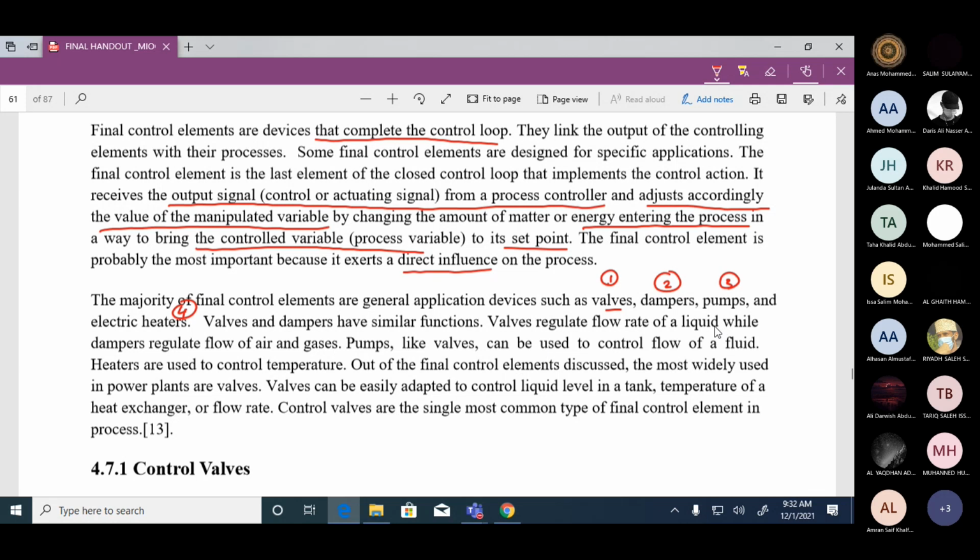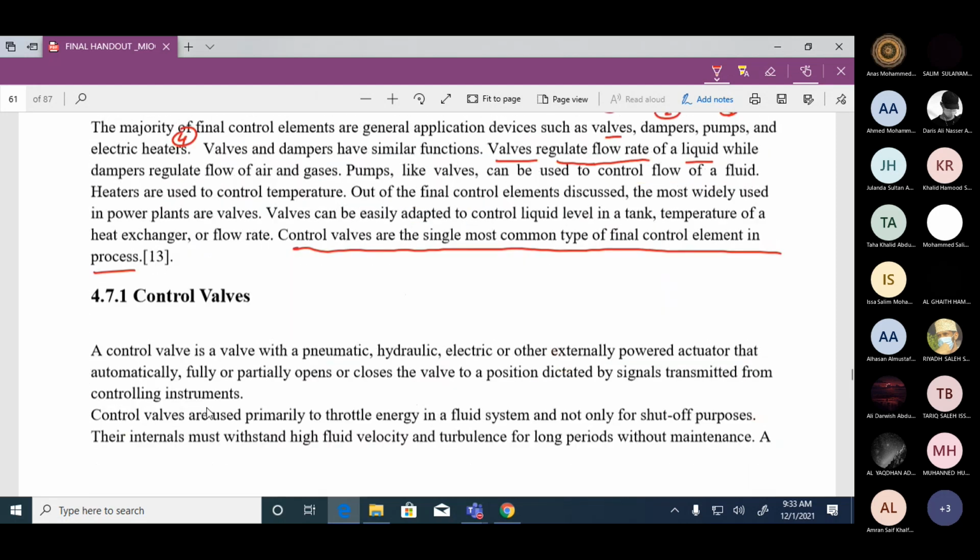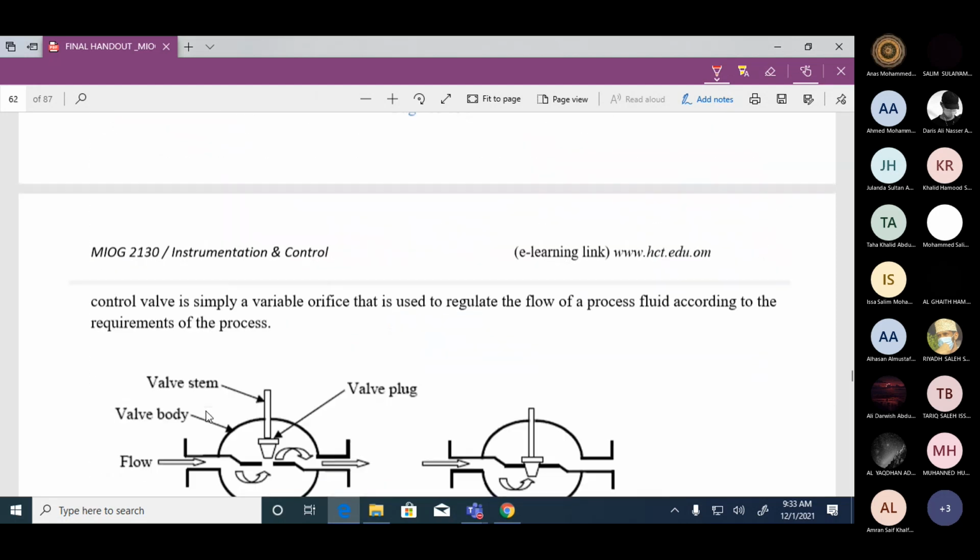Out of all of these, we are going to focus our attention on a valve because it is regulating the flow rate of a liquid, while the damper can regulate the flow of air and gases. So we are going to focus our attention on control valves. They are the most common type of final control element in the process. That's the reason why we are focusing our attention on control valves.